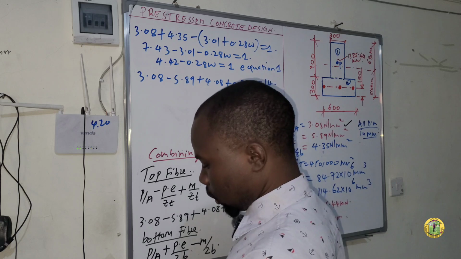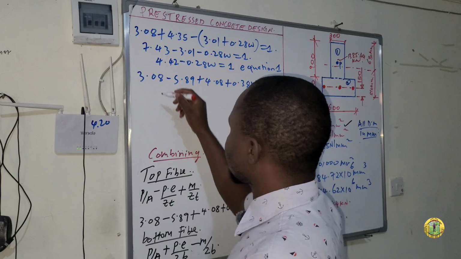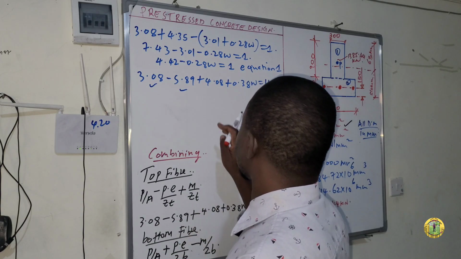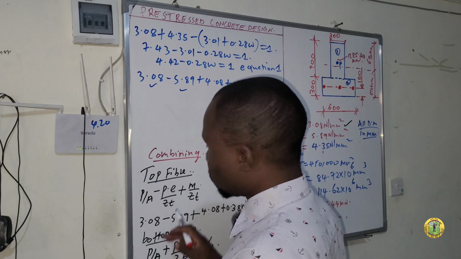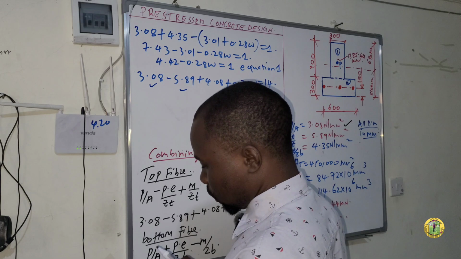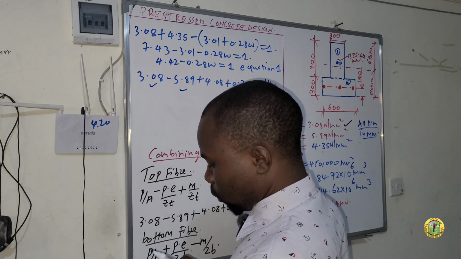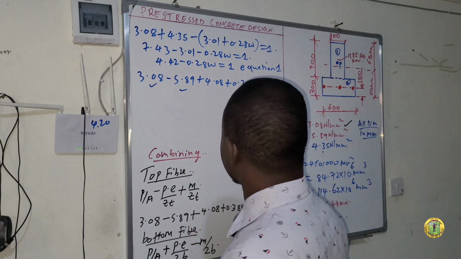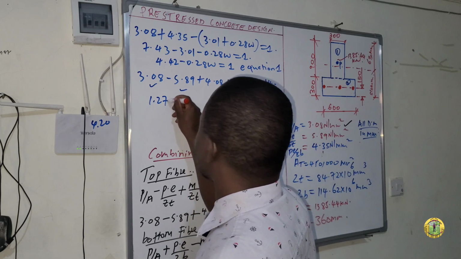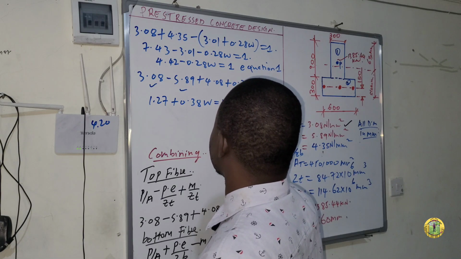So let's put like terms together: 3.08 minus 5.89 plus 4.08, so 1.27 plus 0.38 W is equal to 14.